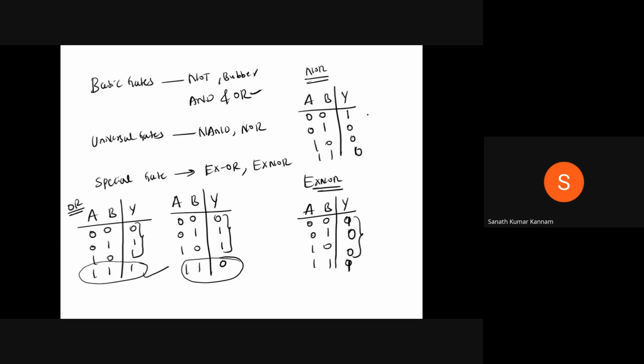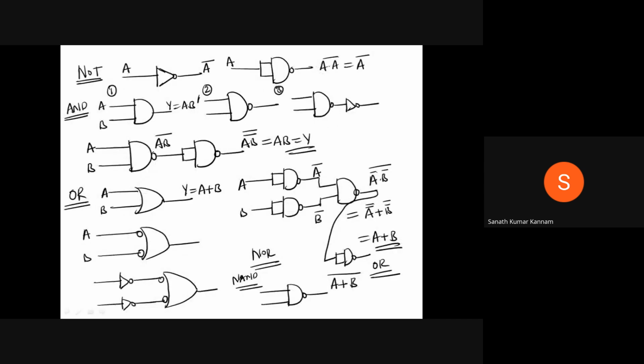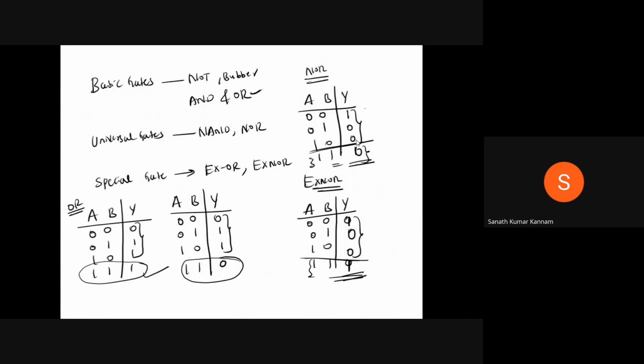From here to here both are the same. This is the inclusive NOR gate, and this is the exclusive NOR gate. Here you'll get the difference: for 1, 1, the NOR gate gives output 0, and the XNOR gives 1. That is the only difference. So these are the gates you have.